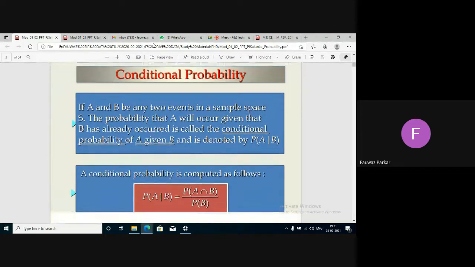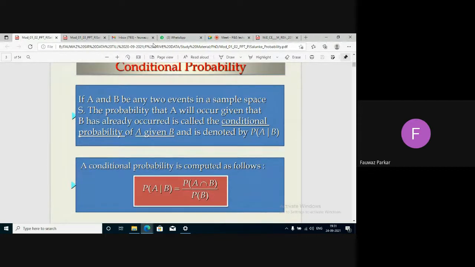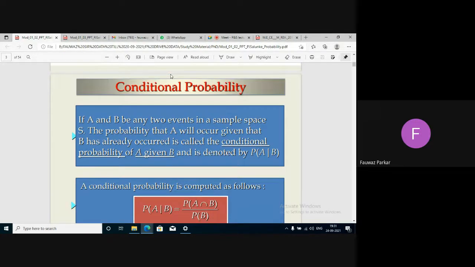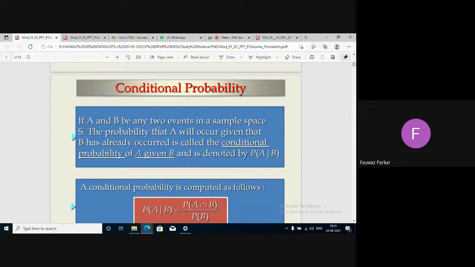It is the probability of an event, supposing that another event has already occurred. In layman's language, what is the probability of an event to occur assuming that another event has already occurred.